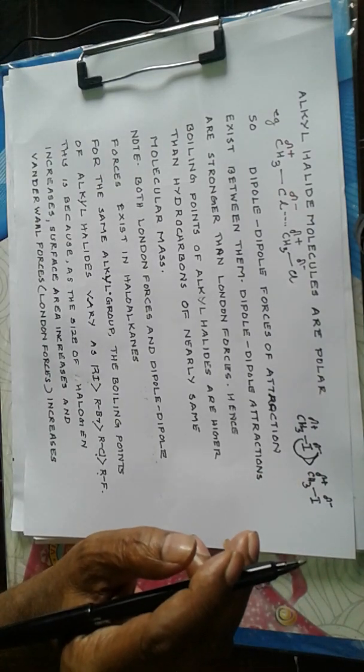Since iodine is a large atom, the distance between the valence electrons of iodine and the nucleus is large, so the attraction of the nucleus over the valence electrons is less, and the electron cloud of iodine can be easily distorted towards itself by the partially positive carbon. This yielding power of iodine towards the attraction of positive carbon is called polarizability.